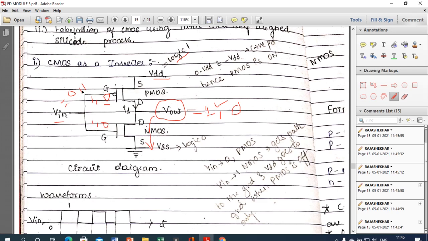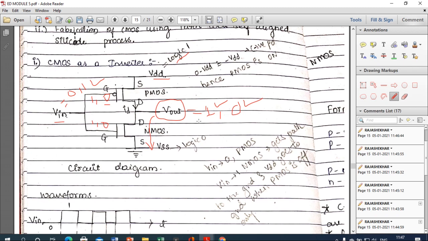So when the input is logic 1, we get the output as logic 0. It is inverted, that is, logic 1 is inverted as logic 0. This is how an inverter is constructed using CMOS, that is PMOS and NMOS, which we call a complementary pair of MOS transistors, just to act as an inverter.